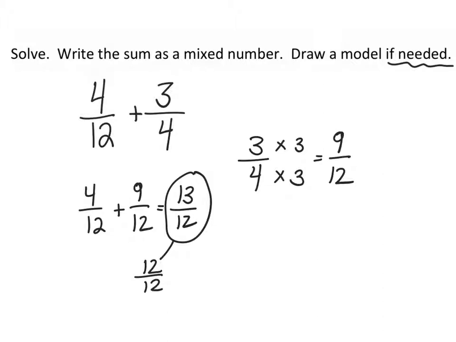What are we left with? We're left with 1/12. So put this back together. We have 1 whole and 1/12. Now looking at that 1/12, we know it's in simplest form because there's a 1 in the numerator. We can't go lower than that. So our answer to this, 4/12 plus 3/4 is 1 1/12.